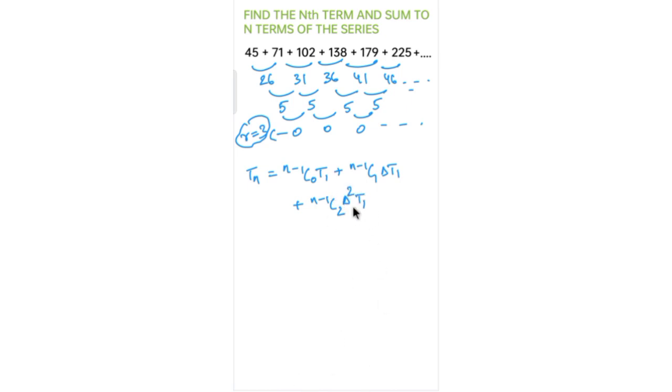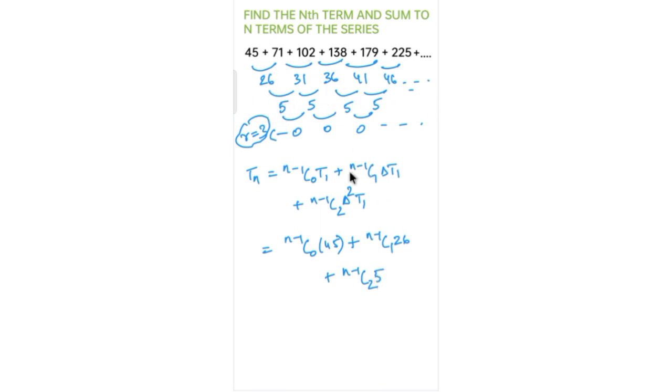So n minus 1 C0, and what is my T1? It is 45, plus n minus 1 C1 times delta T1, the first term of the first order differences, so it is 26, plus n minus 1 C2 delta square T1. In the second order differences, the first term is 5.